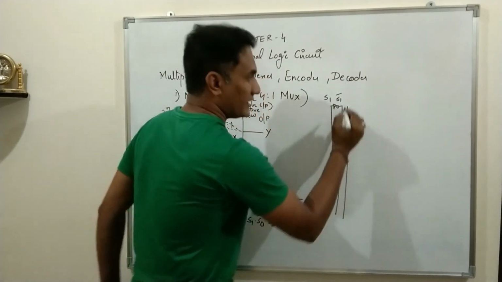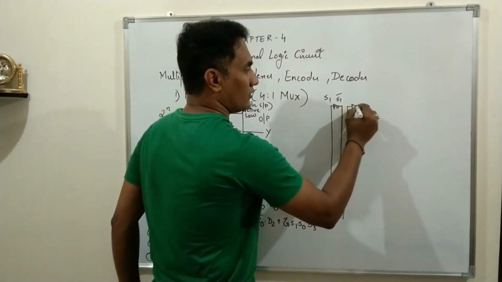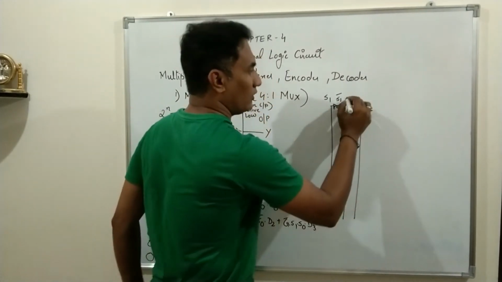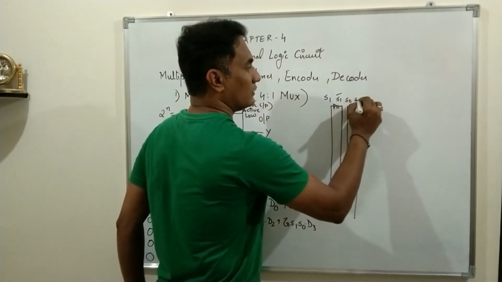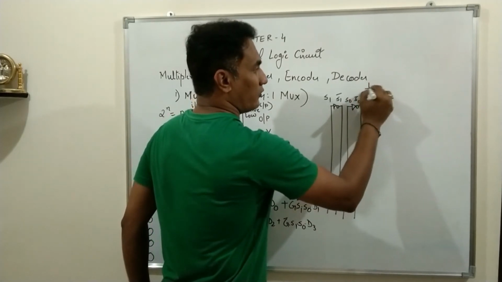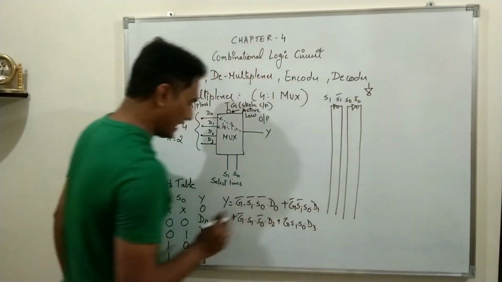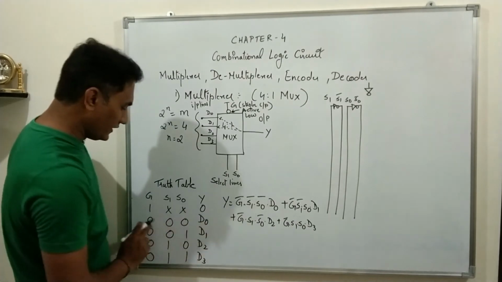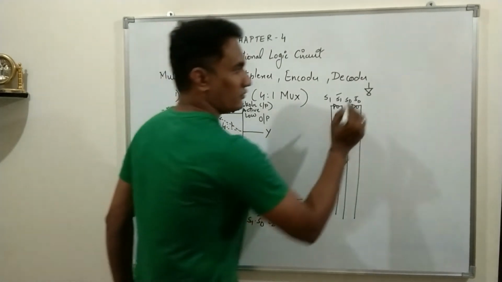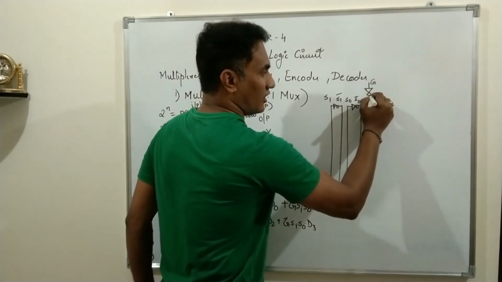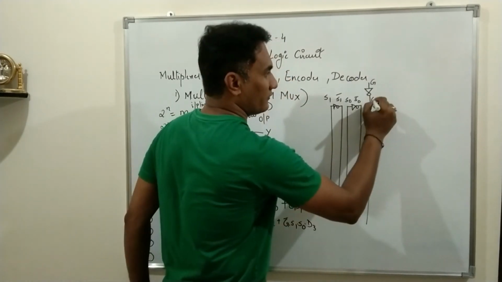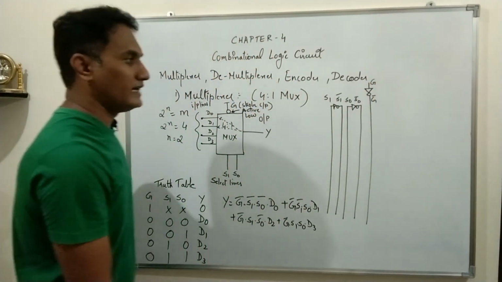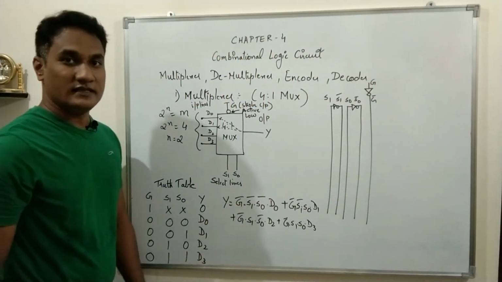Similarly, next S0, NOT gate, S0 bar. And what we want, one more variable, G bar. So directly this is G, this is a NOT gate, and this line will of course be G bar.